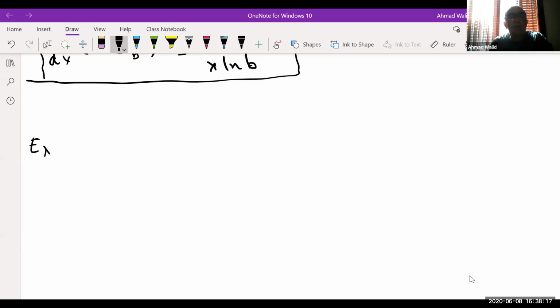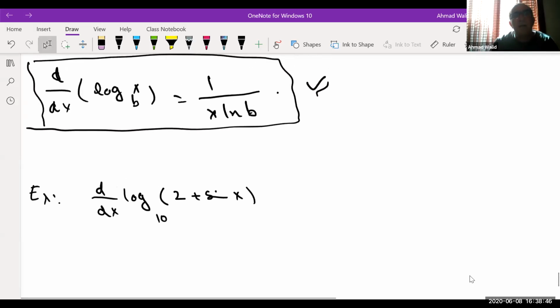Example number 1. d dx of log of 2 plus sine x, base 10. Again, remember, in this formula, I gave you just log x base b.